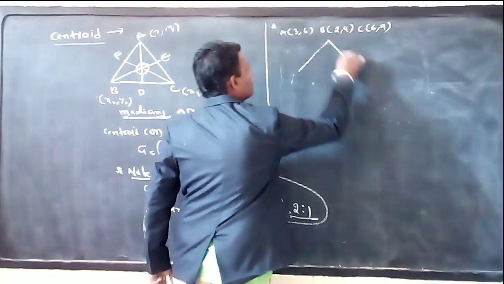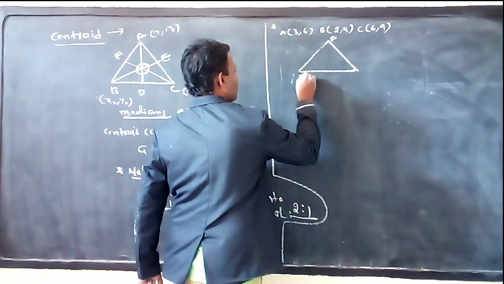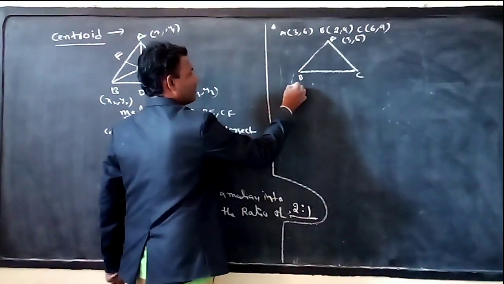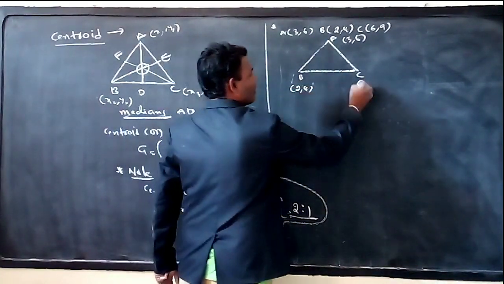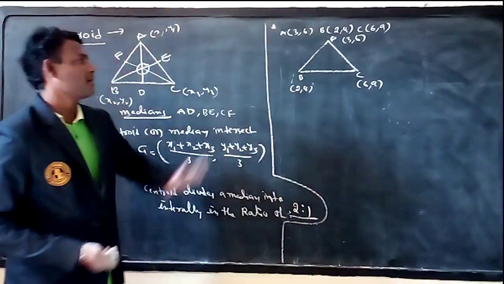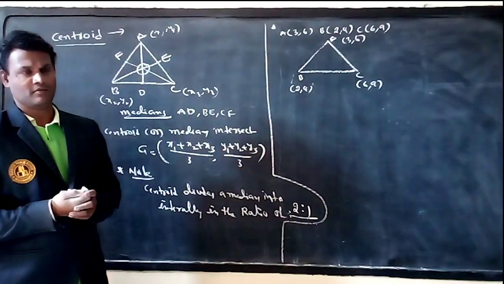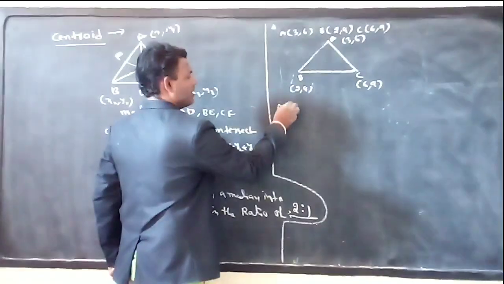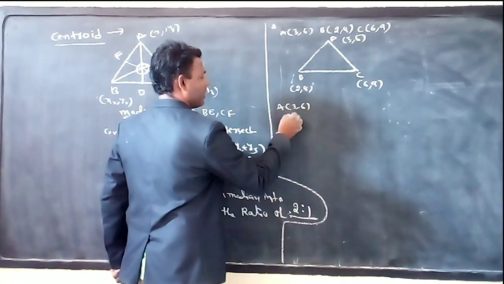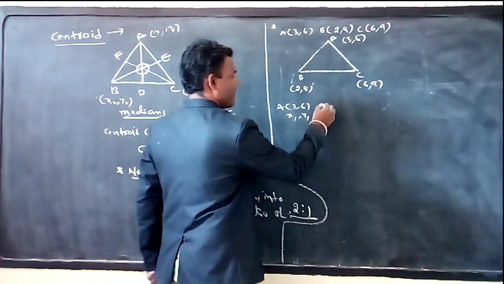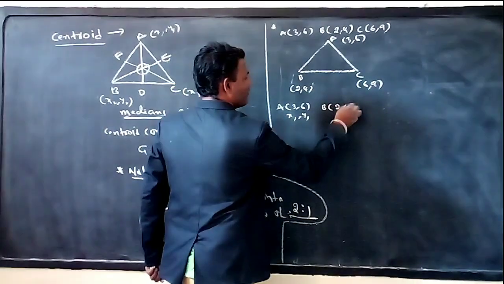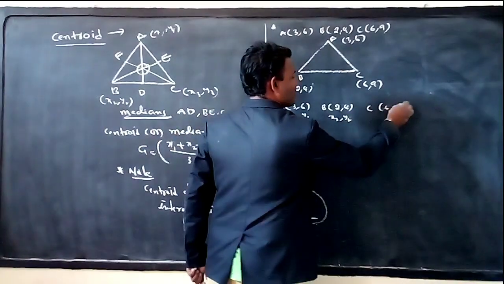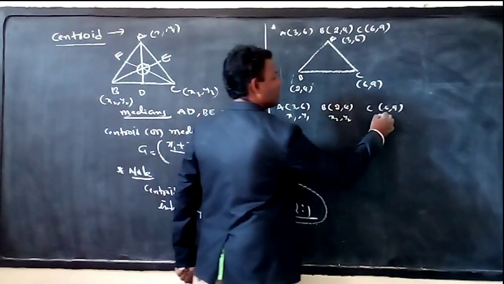It means here is one triangle with vertices A, B and C. Now find the centroid of the triangle. We have the formula. Let A(3,6) be x1 comma y1, B(2,4) be x2 comma y2, and C(6,9) be x3 comma y3.